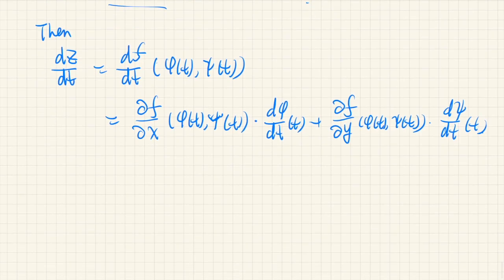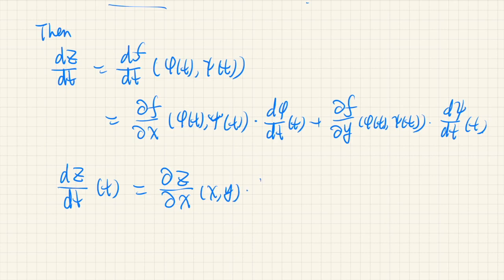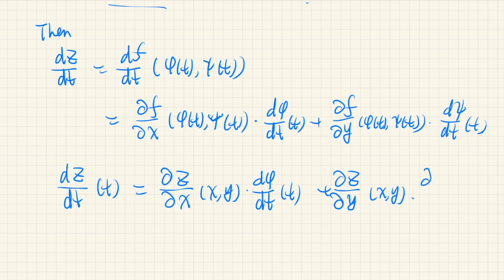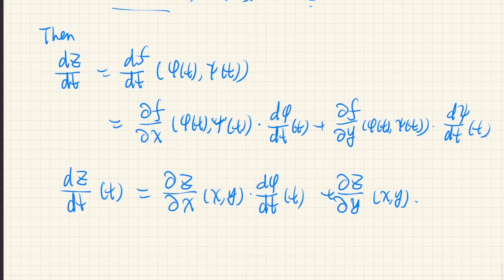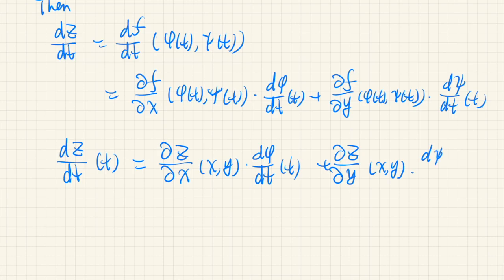Maybe it's easier to see what's going on if we write it this way. The derivative of z with respect to t is a function of t: the partial derivative of z with respect to x at (x, y) times d phi dt at t, plus the partial derivative of z with respect to y times the ordinary derivative d psi dt at t.